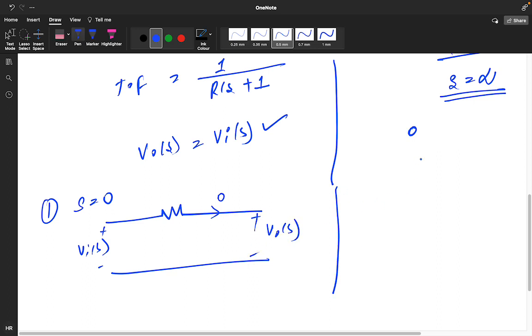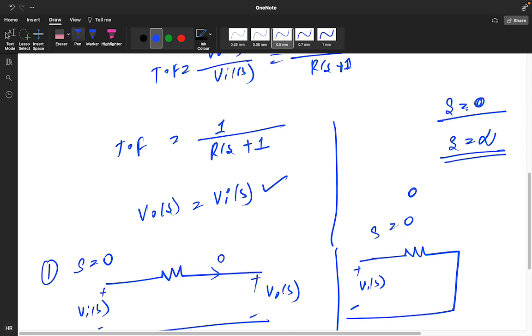But when S is equal to infinite, what is happening? It is getting short circuited, and you are getting plus minus Vi of S here. So it is stopping. What did you understand from here? At low frequency it will pass the signal. So at low frequency, meaning S equal to 0, the signal is getting passed.